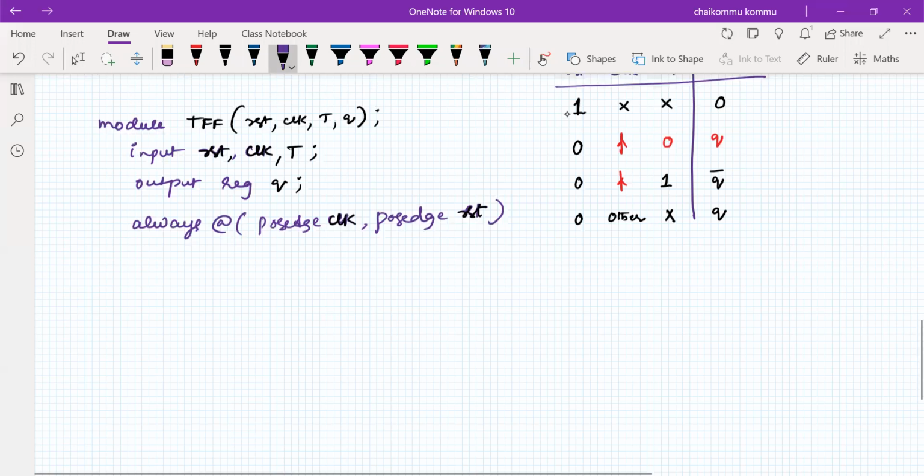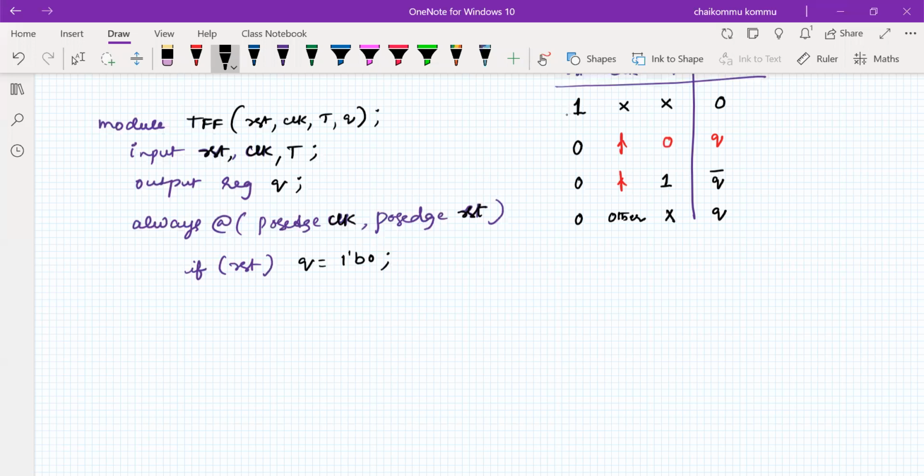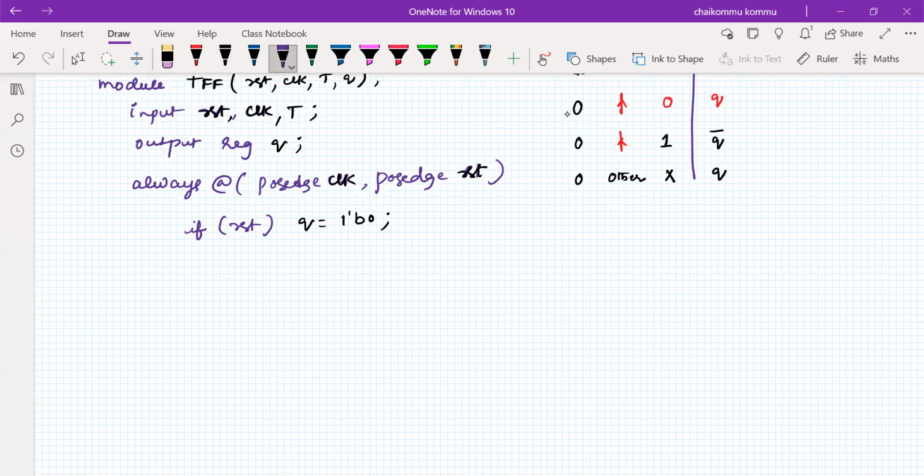If RST is true, then what about the Q value? Q value is assigned 1 bit of 0. I have cleared the content of the flip-flop. Next, else. That means reset is not there, but the clock is there, and T is there, for example.